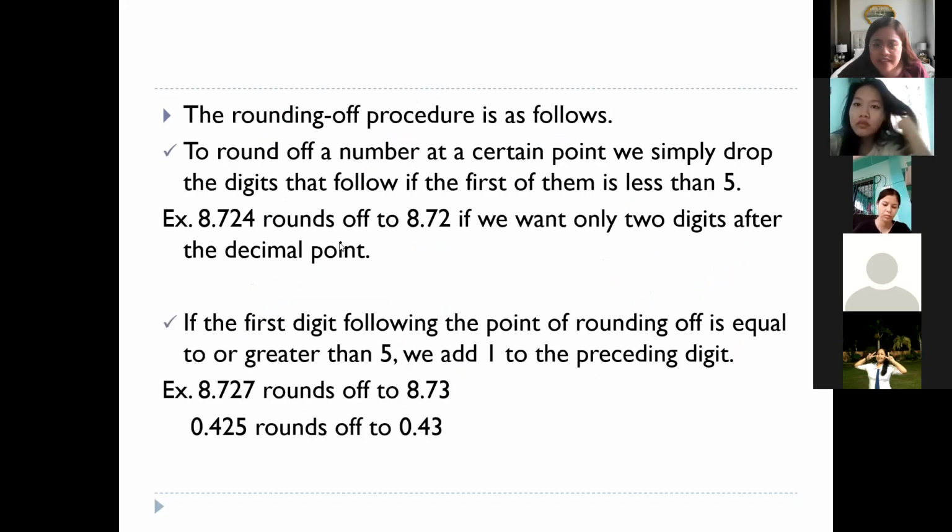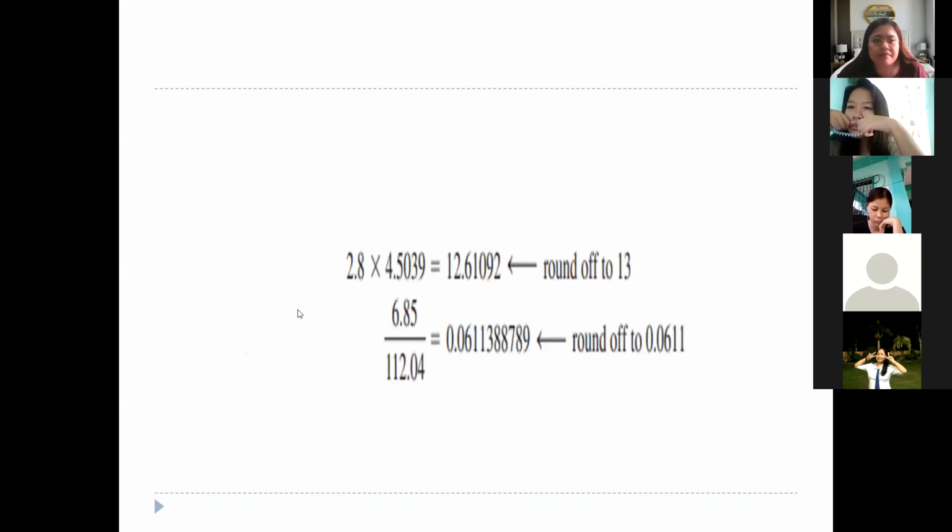But if the next digit is 5 or higher, like 8.727, if rounded off to 2 decimal places, we add 1 to the last digit, because the next is 7. So plus 1 here. That is also true with 0.425. The last digit is 5, so add 1 to the 2. The final answer is 0.43 in 2 decimal places.